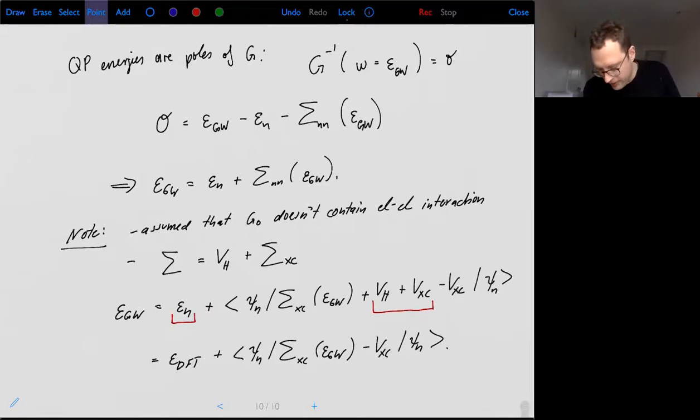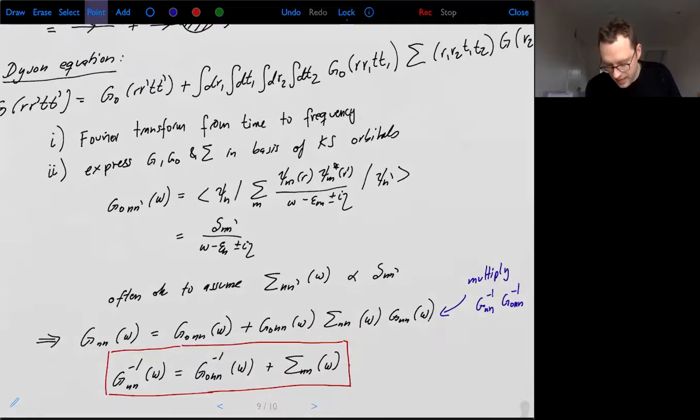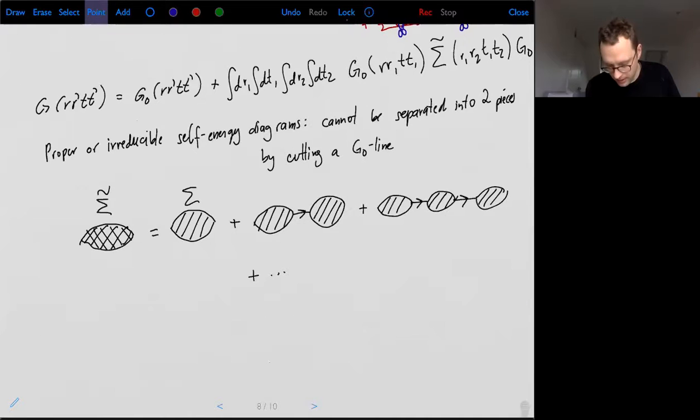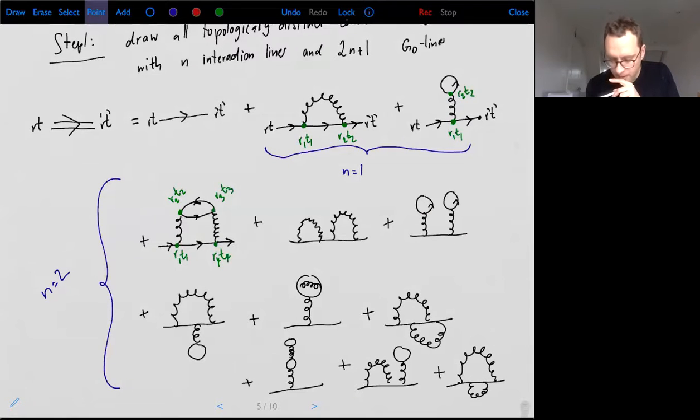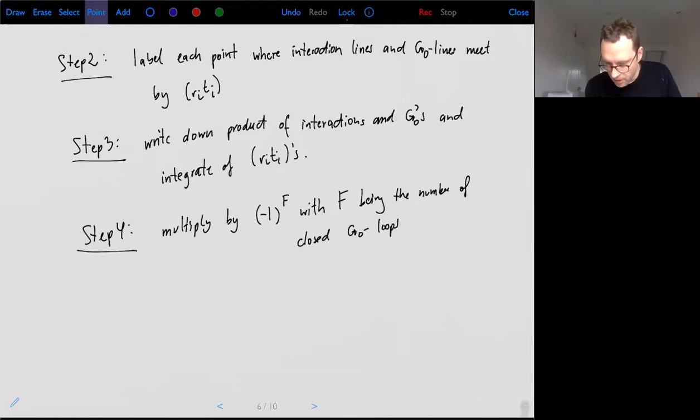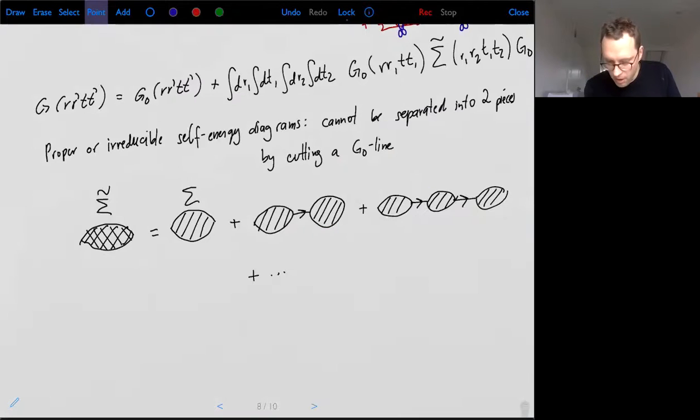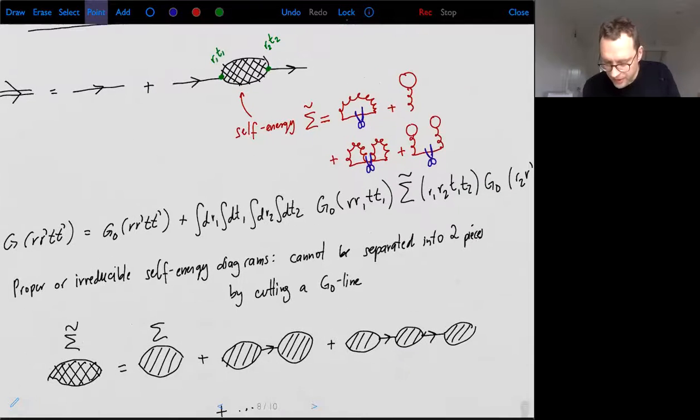Now, at this point, this is still the exact self energy, which contains all self energy diagrams. So essentially diagrams where you have cut off the initial and the final G0 line, but only those diagrams which are irreducible.